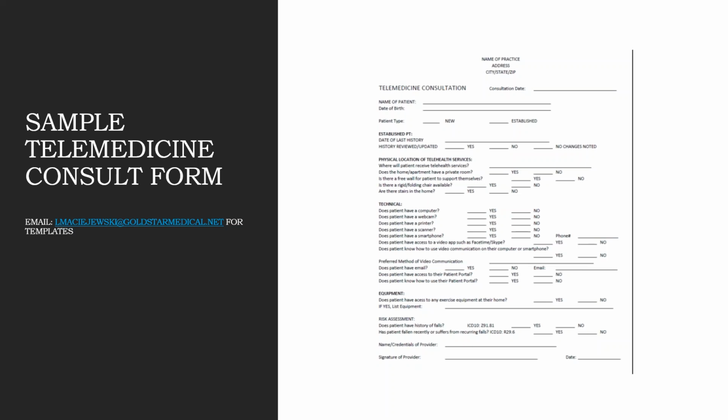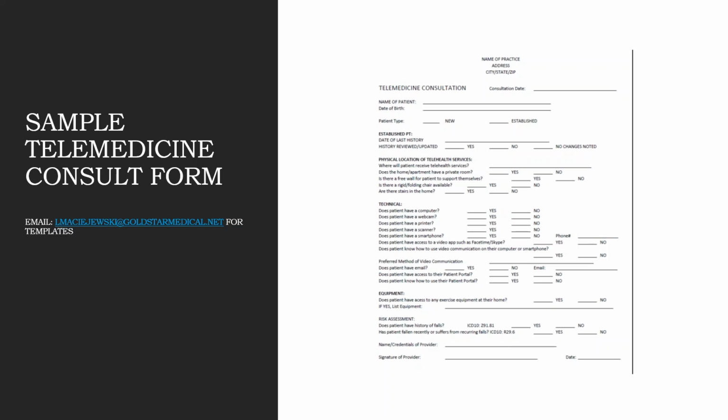patient. Also, you're going to want to do a bit of a risk assessment and ask whether the patient is a fall risk or not. If they say yes, they have a history of falling in the past, then you would add to your problem list the ICD code Z91.81, and that's not a primary diagnosis.